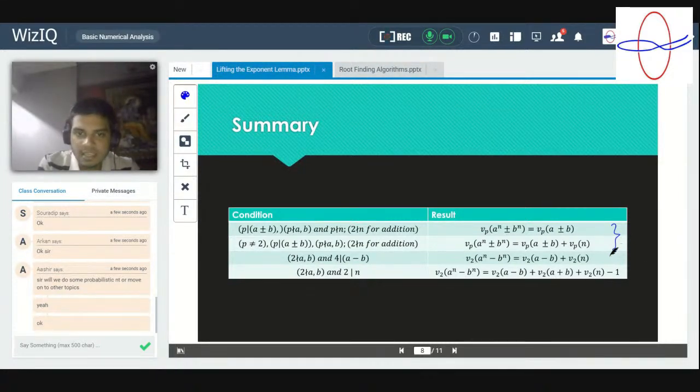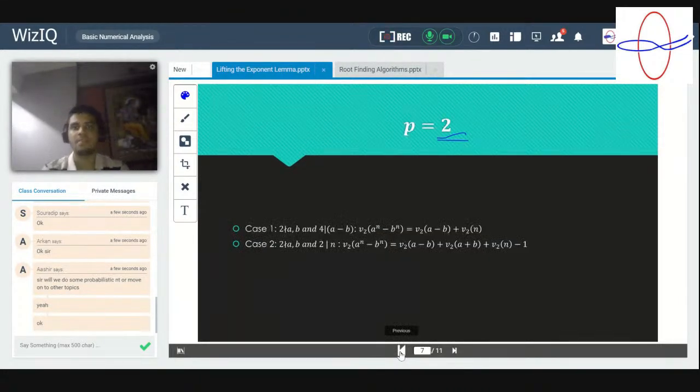But we had already looked at these two conditions. That is, we looked at all the conditions for odd primes, both for addition and subtraction. And we had looked at the case when 2 does not divide the exponent. And this is true irrespective of whether the prime is 2 or not, right? So, looking at the next case, when p is equal to 2, we divide it into two sub cases.